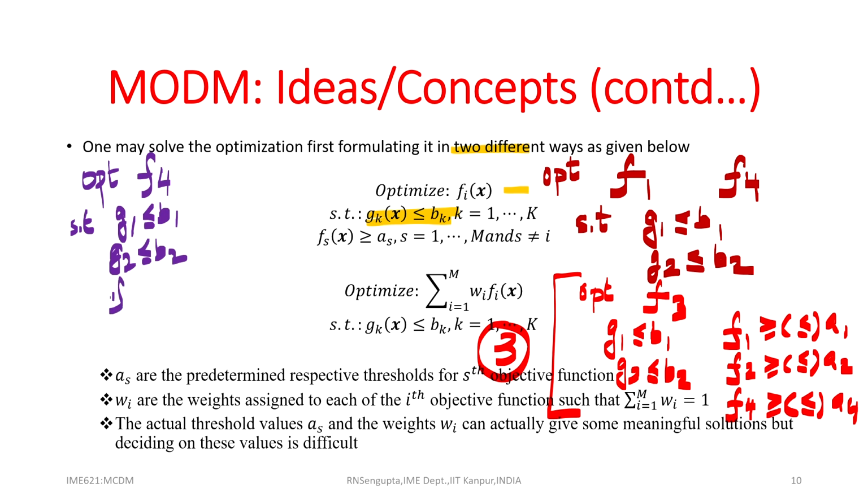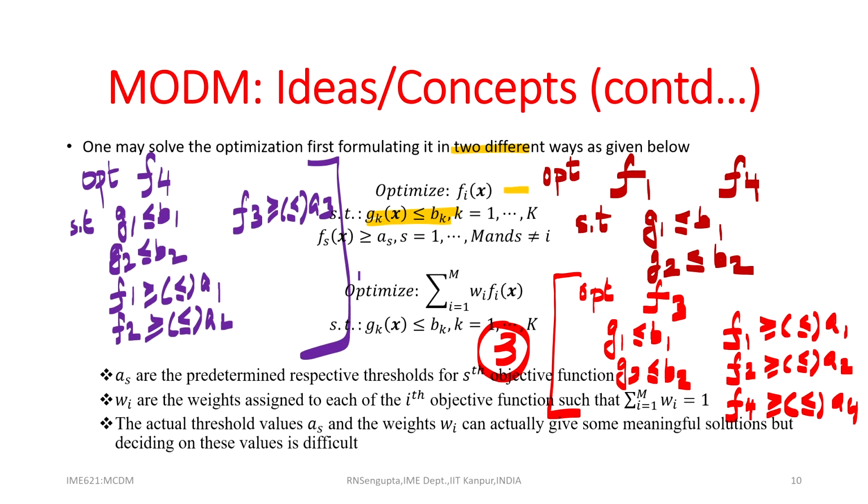Then F1 is not there, so F1 would be greater than less than equal to A1. F2 is not there in the objective function, so it is greater than equal to less than A2. I will write F3 here, because F3 is not in the objective function, greater than equal to less than equal to A3, but F4 is already considered. So this formulates sub part 4 of the second step.